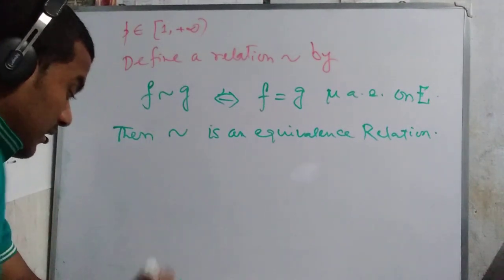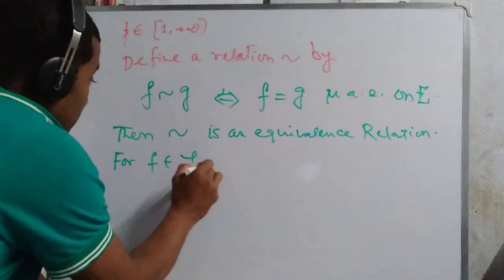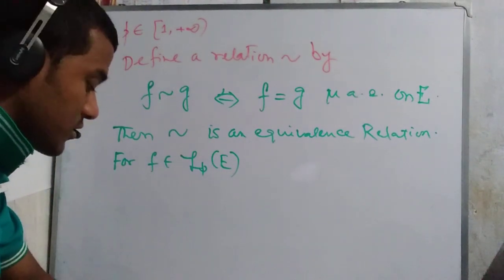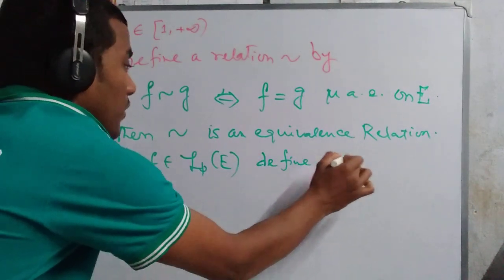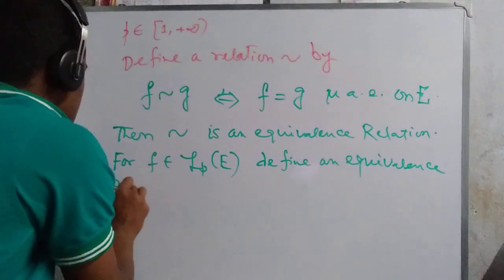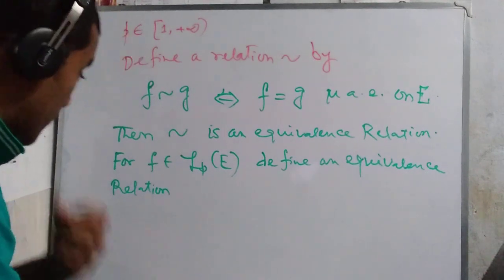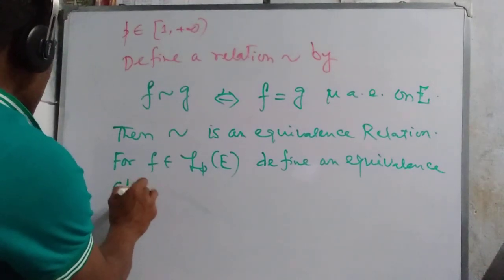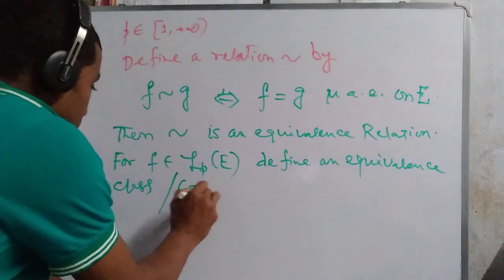Now what happened? Now we write here for f belongs to script L^p(E), the set of all integrable functions on E, define an equivalence relation, or rather define the equivalence class, or cosets.